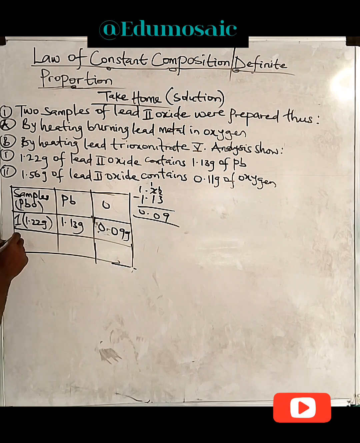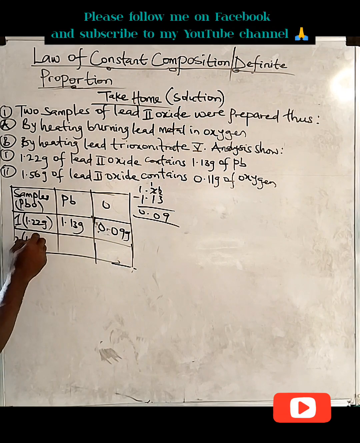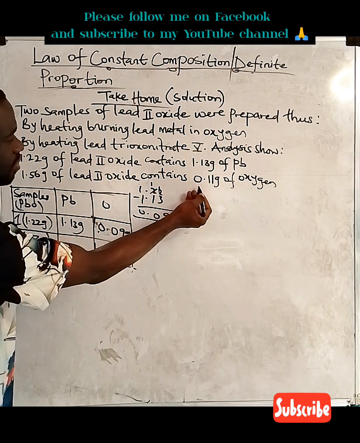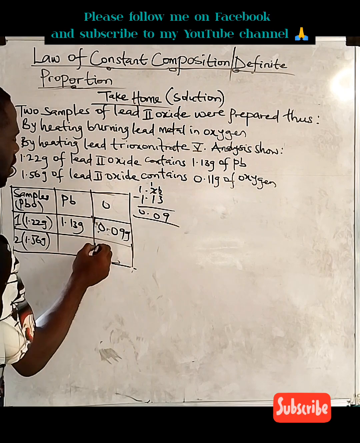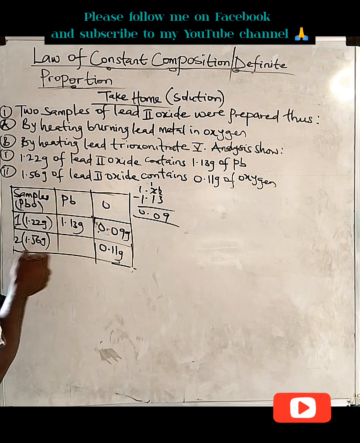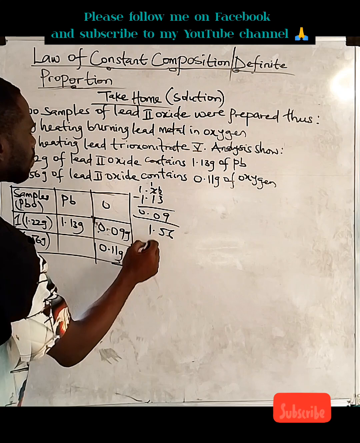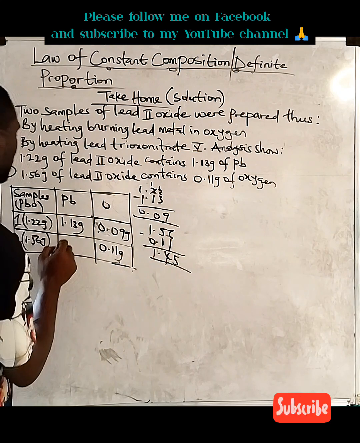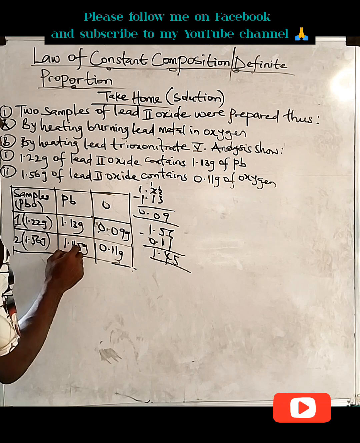Next we have 1.56 gram of this same PbO containing 0.11 gram of oxygen. How much lead are we going to have there? That's 1.56 minus 0.11, which is 1.45, so you have 1.45 gram of lead.